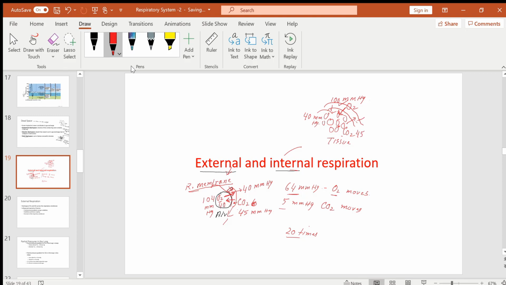So only a 5 millimeter pressure difference will move the carbon dioxide from the tissue to the blood. So the blood will become deoxygenated and will go back to the heart, and that is the internal respiration. Okay, so internal respiration happens in the tissue, and external respiration happens in the alveolus of the lung.